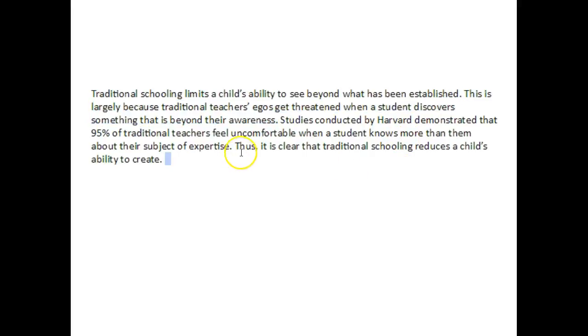This bit here, reducing a child's ability to create, what we're essentially talking about is limiting their perspective, reducing the size of their world, making it rigid. So there are all these abstract words that we can use to describe the abstract world of a child's ability to learn. So let's have a think.